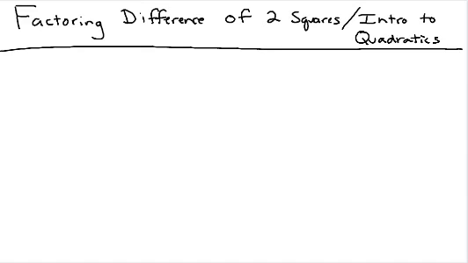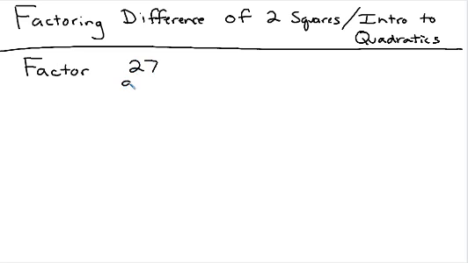All right, today we're going to work with how to factor a difference of two squares, and we should probably talk about what the word factor means first. If I want to factor the number 27, I say what times what makes 27?